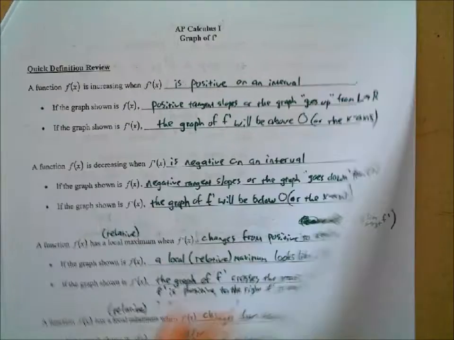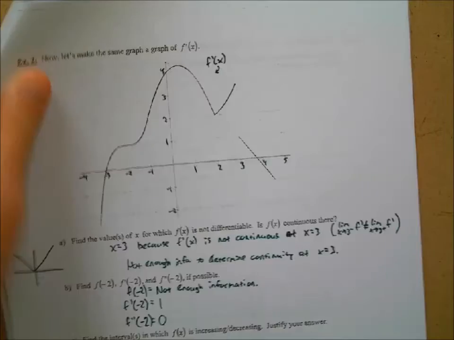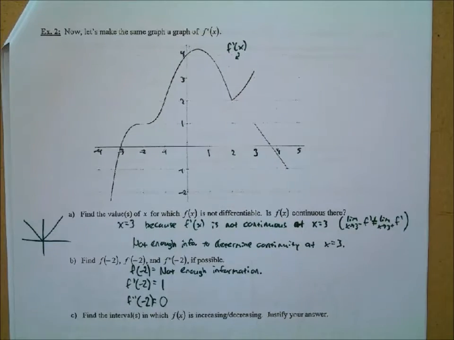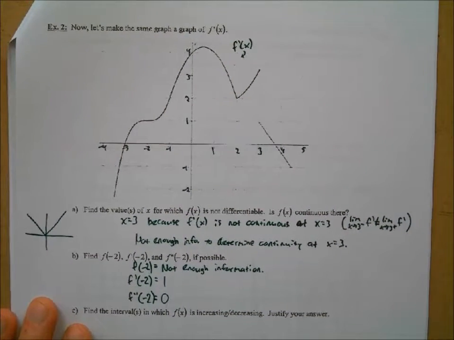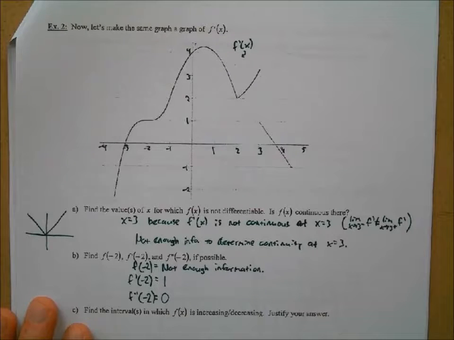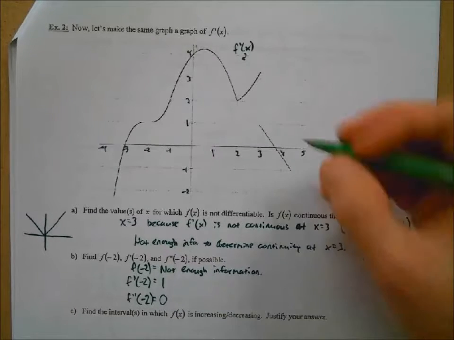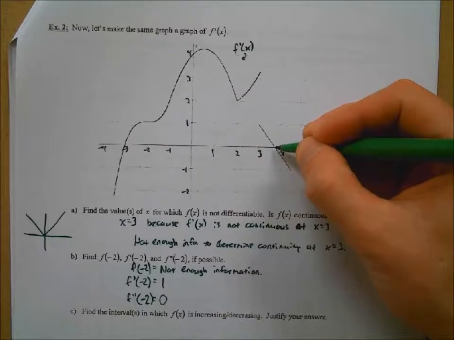So we go here, we're looking at the graph of f prime. Where is f prime above 0? For what interval? From negative 3 to about 3.75 maybe? Okay.